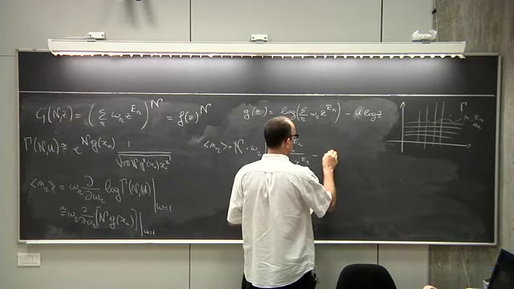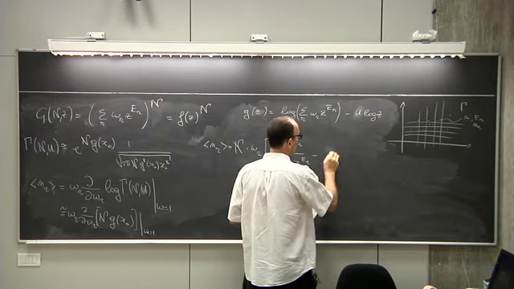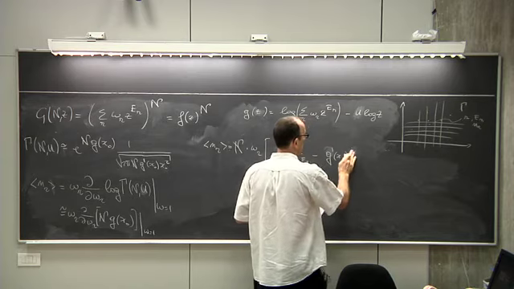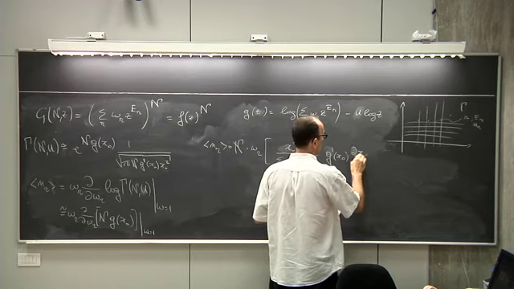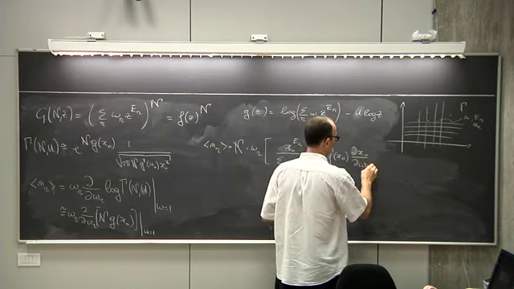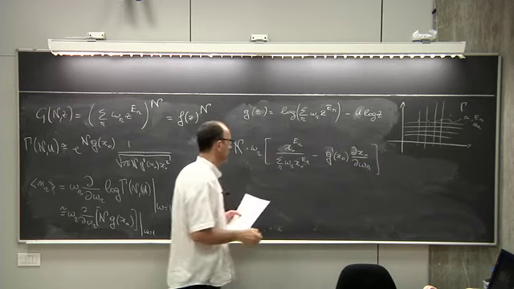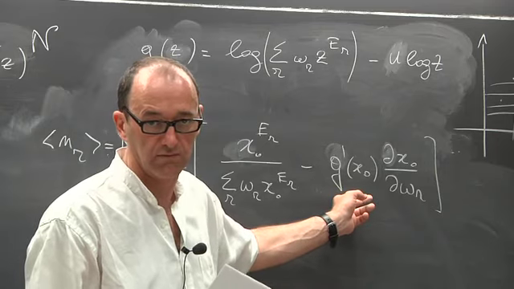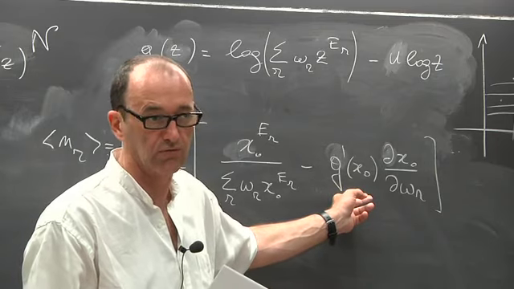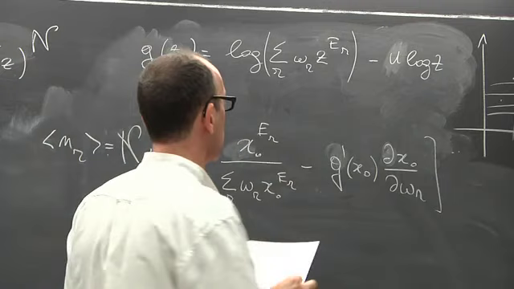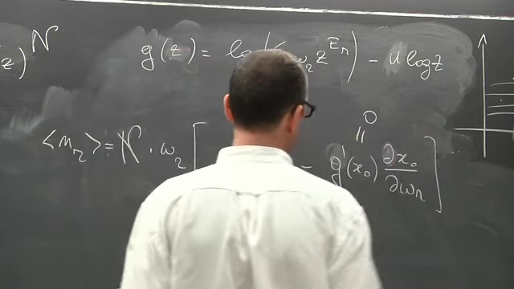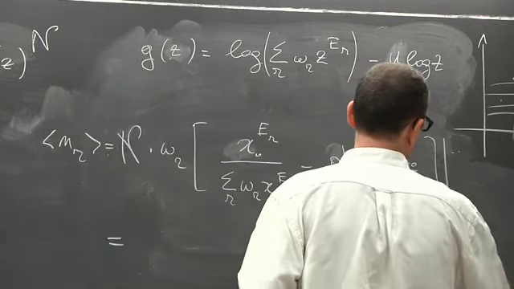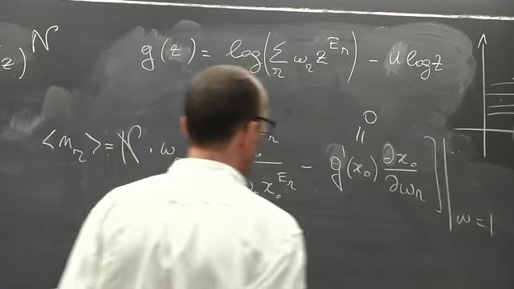I should take G prime of x naught times the derivative of x naught with respect to omega r. However, we have seen that this is equal to 0 because we are at the saddle point. Okay, so this term is equal to 0, and then I should put all the omegas equal to 1.